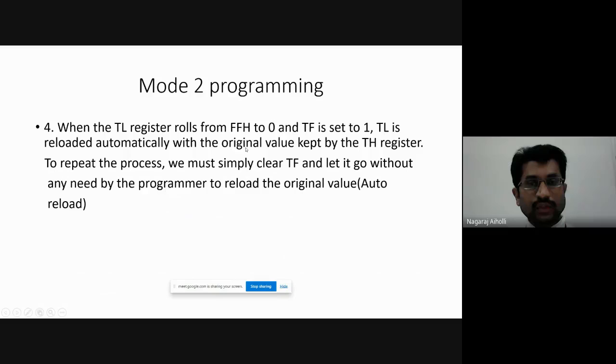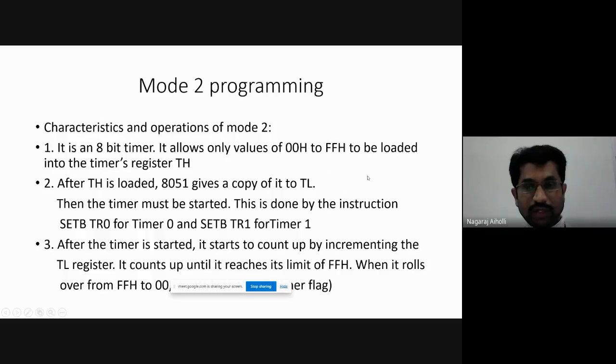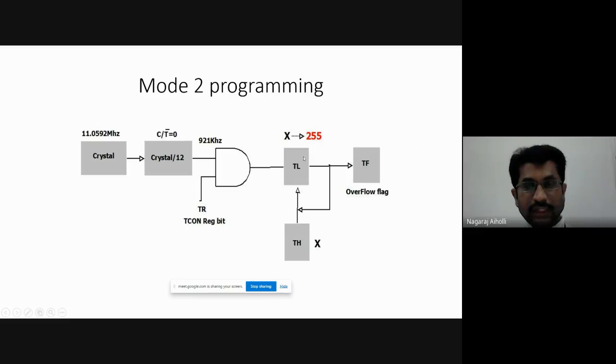When the TL register rolls from FF to 0 and TF is set to 1, TL is reloaded automatically. This concept you have to understand. Then the TL register is reloaded automatically with the original value that is there in the TH register. So it will make a copy of the TH value into the TL register as the starting value, and again it will start to count.